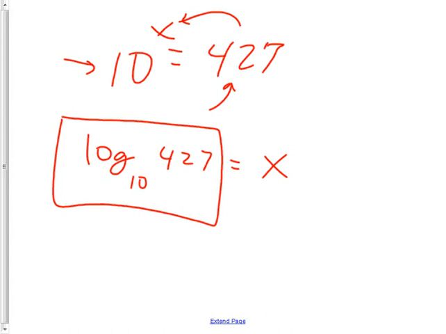Since it's base 10, you could just say log 427, because if it's base 10, the calculator can do that directly. But we need to focus on what we're doing right here.